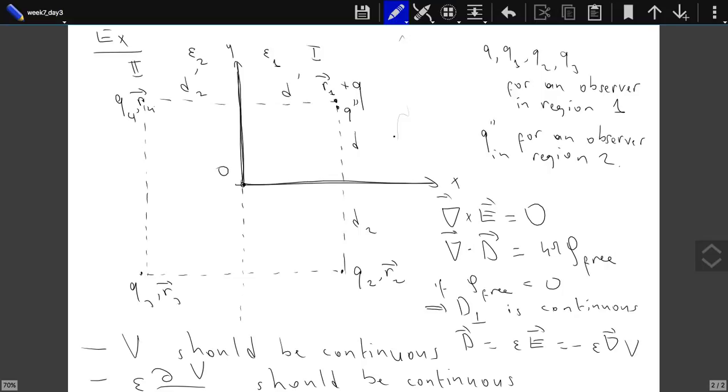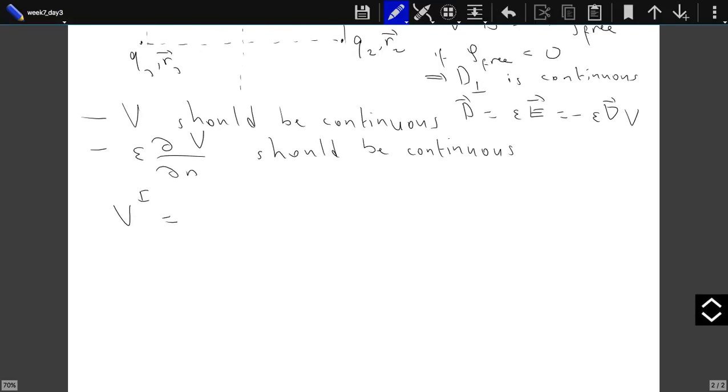So for an observer in region 1, it will see 4 point charges, Q, Q2, Q3, and Q4. So what is the corresponding potential? Tell me. Q1 over the absolute value of r minus R1, plus Q2 over r minus R2, and so on.